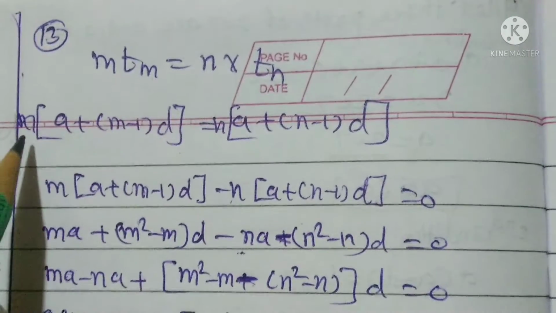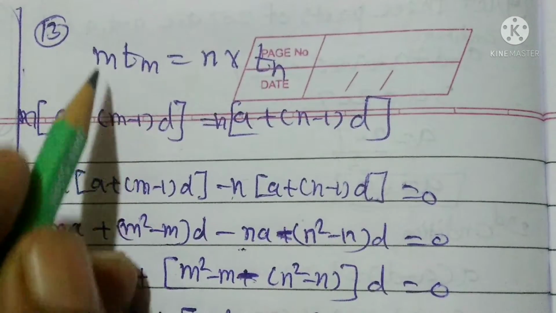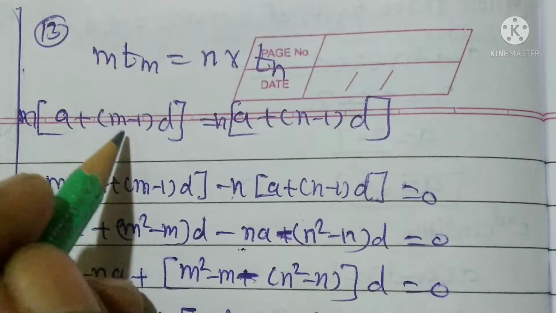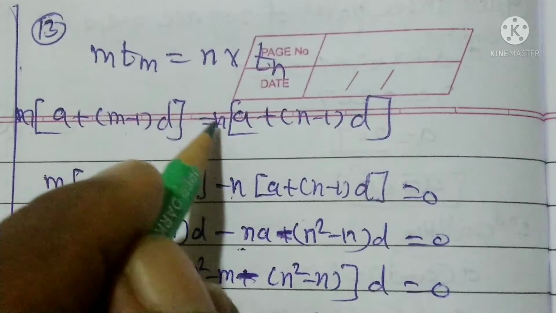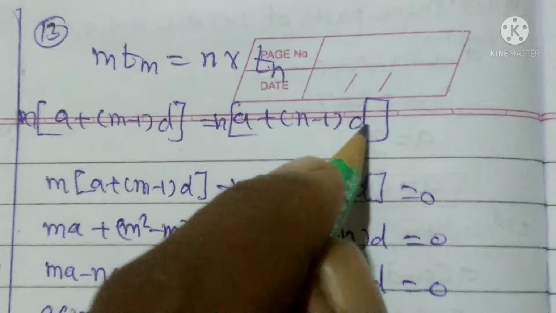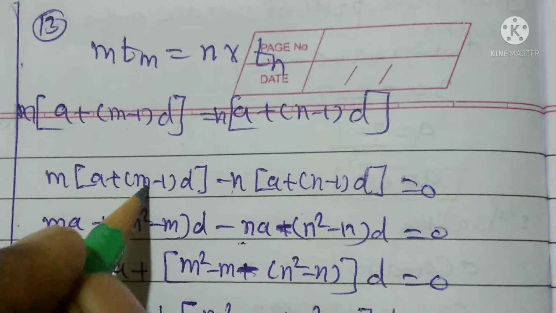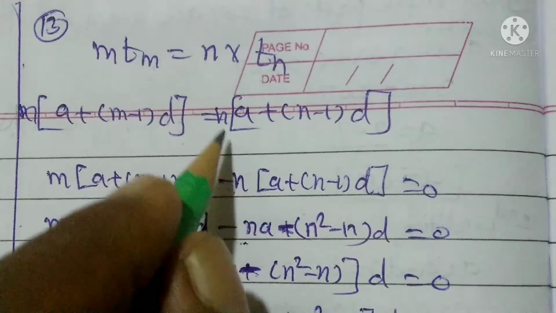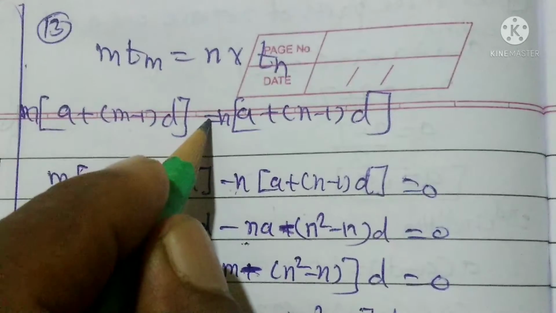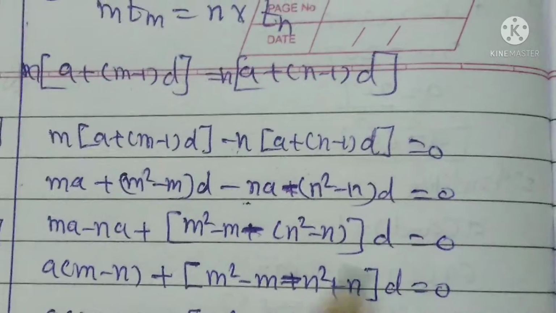So the formula is m into (a plus (m minus 1) into d) equals n into (a plus (n minus 1) into d).